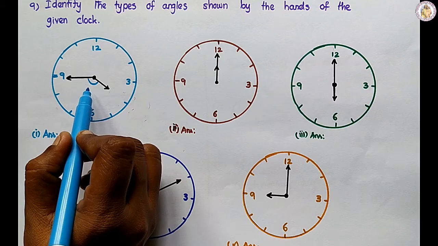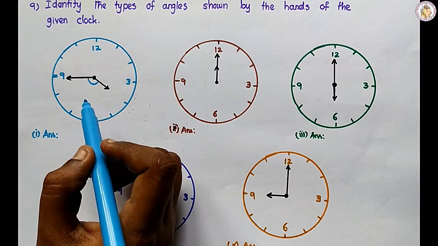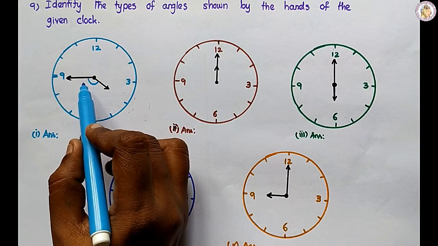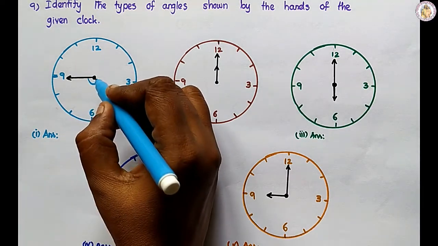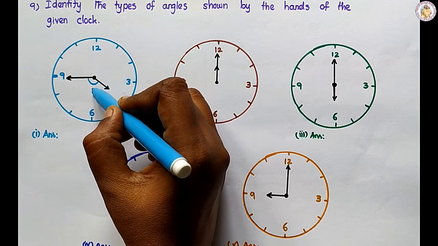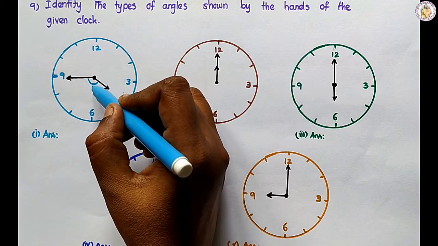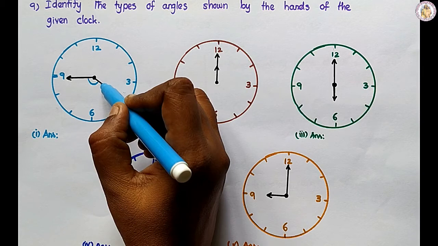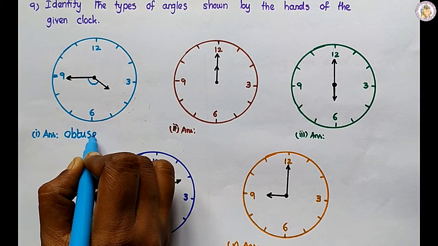What type of angle is this? Listen, it is an obtuse angle. In case the short hand goes to 6, that means facing the 6, it is a right angle. It is above 90, so that is an obtuse angle.